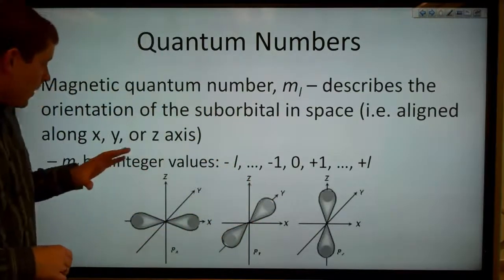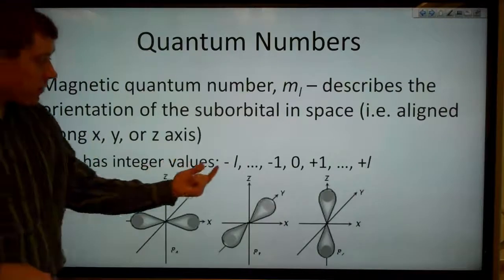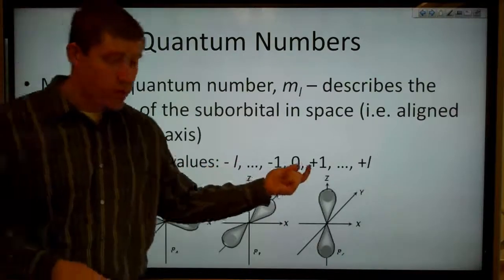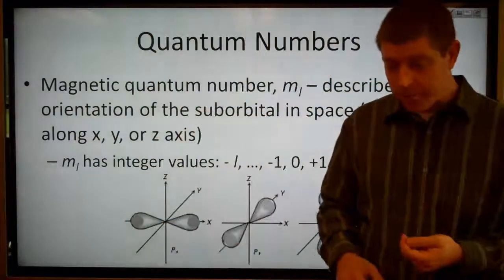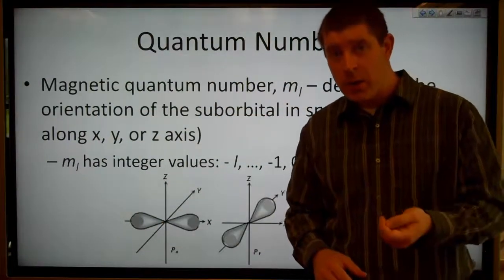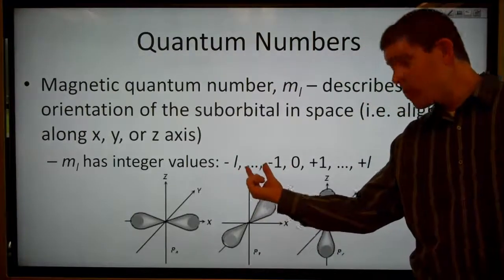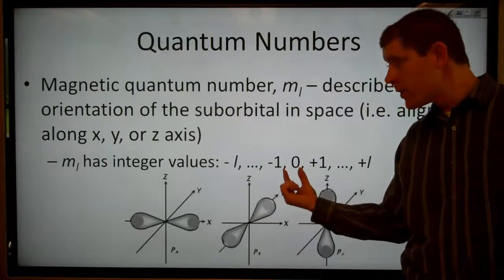So the m sub L, our magnetic quantum number, has integer values ranging from negative L through 0 to positive L. So that means that if we have an s orbital, s, remember, was L equals 0. Well, if L equals 0, then we can go from negative 0 to positive 0. So the only value we can have is 0.